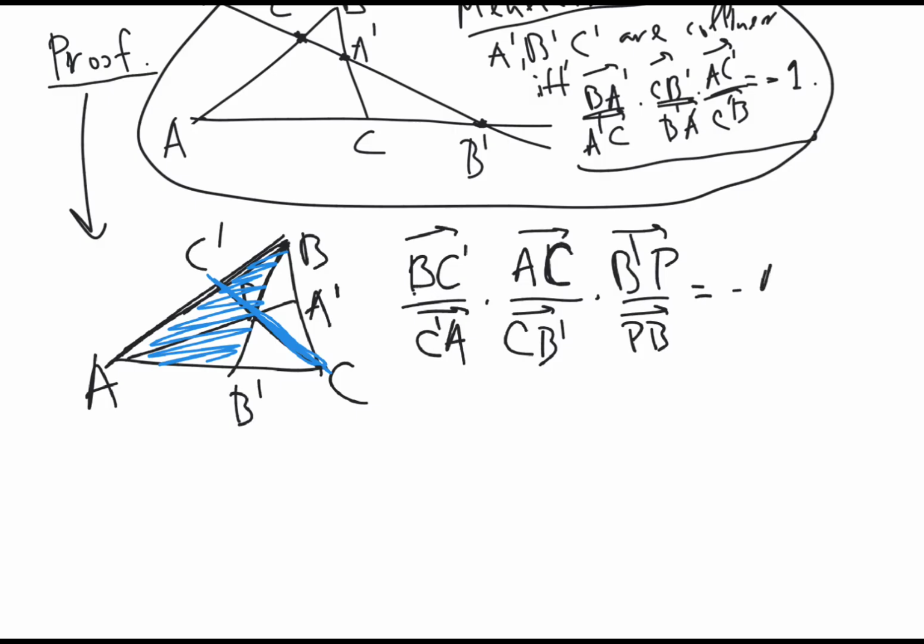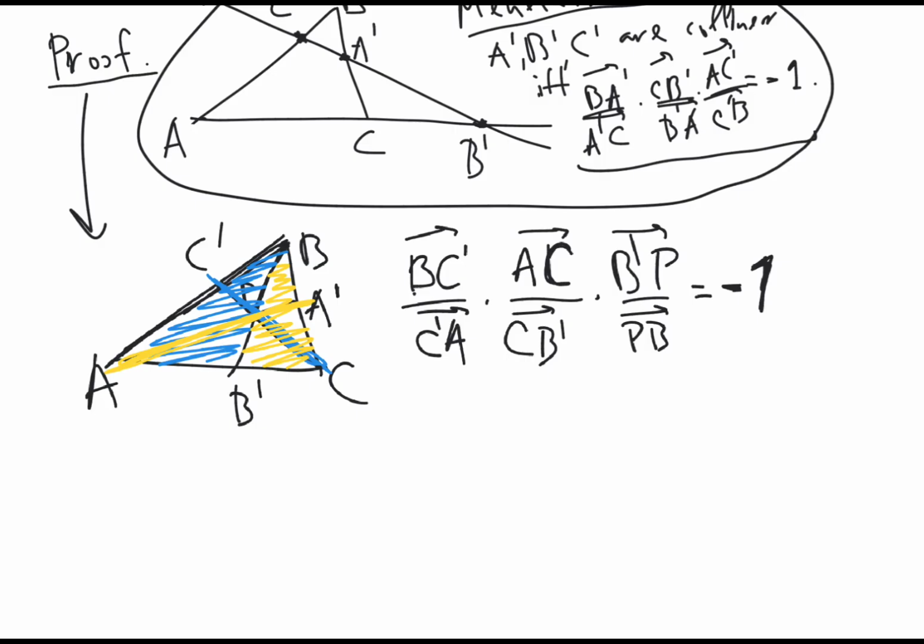All of this is equal to -1. So this is Menelaus' theorem for this triangle filled with blue and this blue line. Now we apply Menelaus' theorem to this triangle and this line.